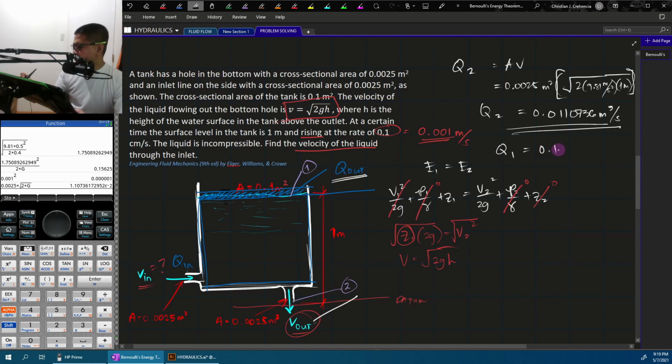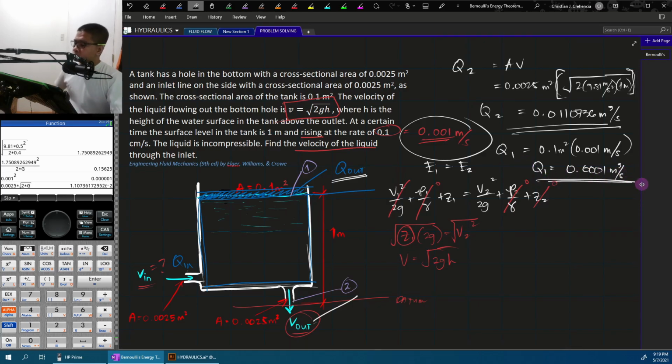Then, velocity is, in this case, consider pa rin natin yung kanyang velocity na 0.001 meter per second. Okay? Then, Q1 is equal to 0.0001 meter cube per second.